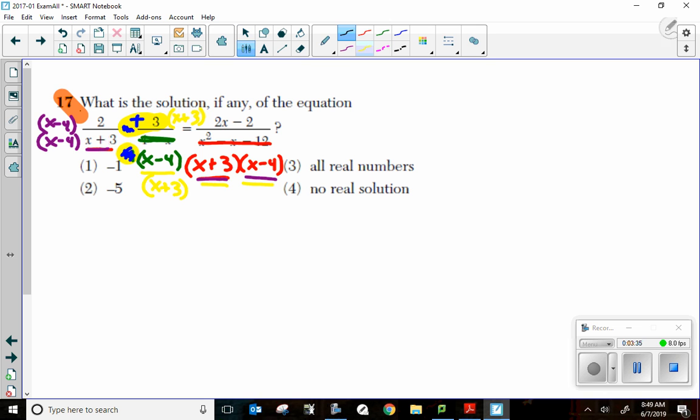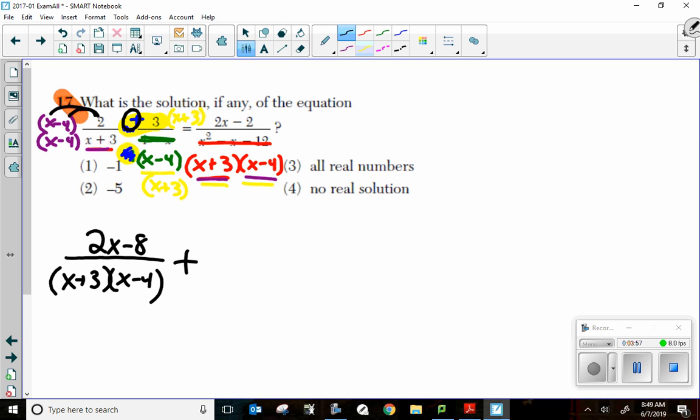So let's rewrite this whole debacle, keeping in mind the numerators I need to multiply. So 2 times x and 2 times -4. That would give me 2x minus 8 all over x plus 3 times x minus 4. That's the first fraction. Plus, because remember we have a plus here, I've got to distribute my 3.